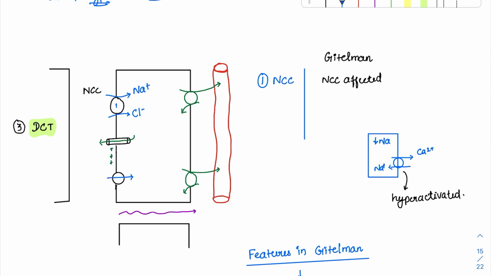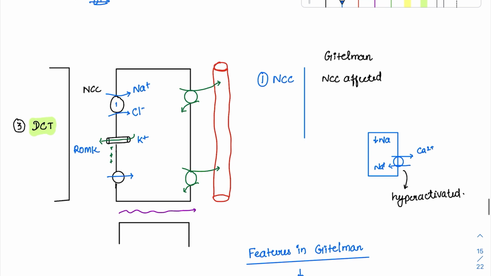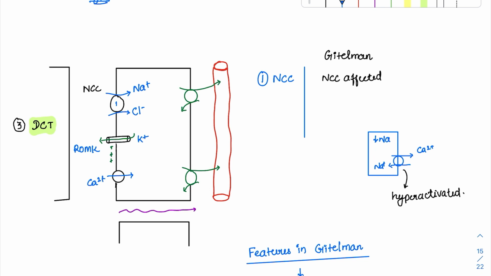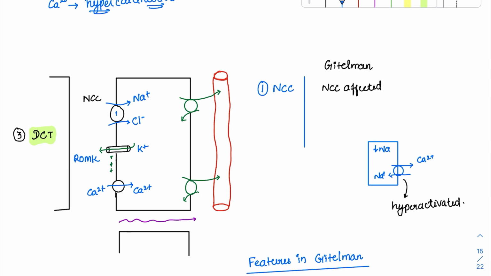Then again we have one more channel through which potassium is sent out, that is nothing but our ROMK. But instead of magnesium and calcium going in the paracellular route, here calcium has one more additional transporter, a calcium transporter, which brings in the calcium inside the cell. And on the basolateral side also, we have to remember two channels.